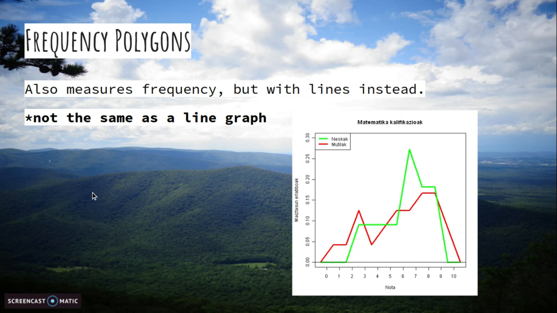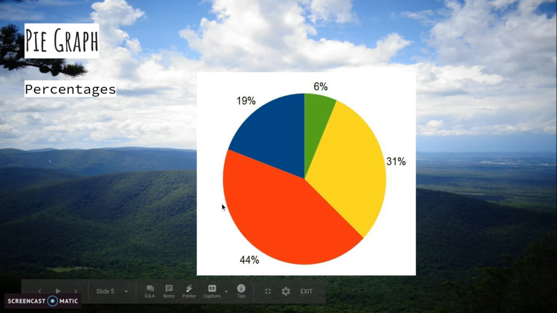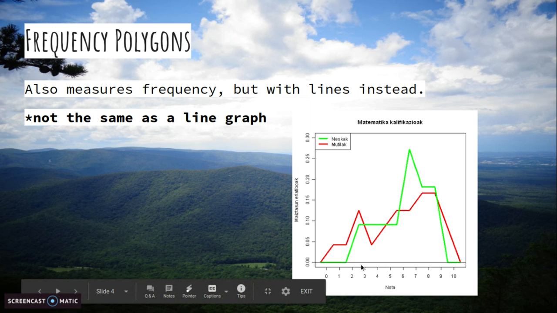A line graph has the tips of the points right at the value on the x-axis, but in the frequency polygon, the tip is in between two numbers. So, not the same.